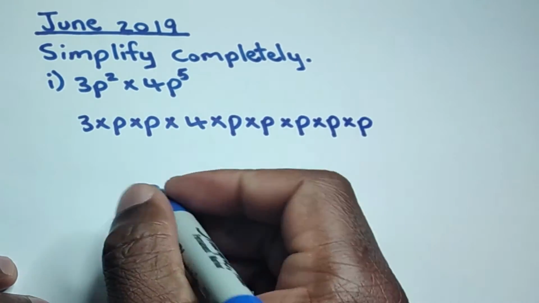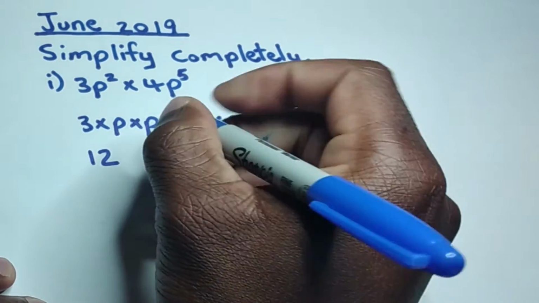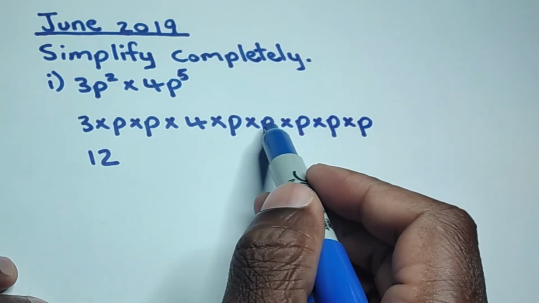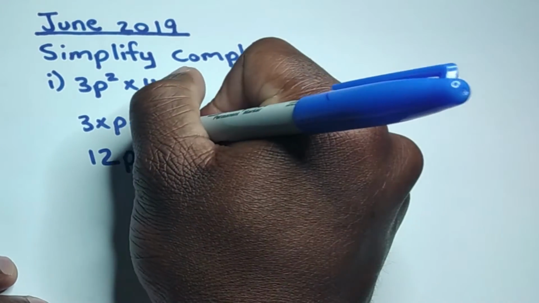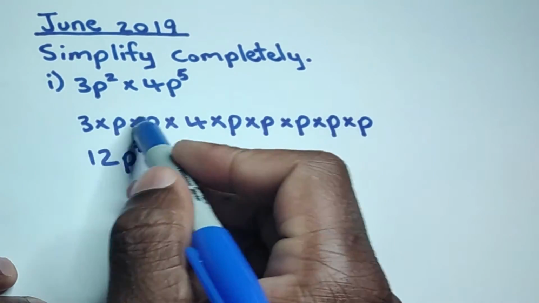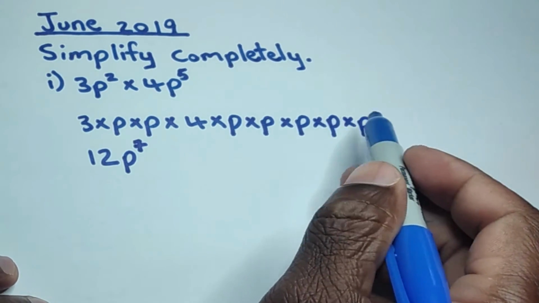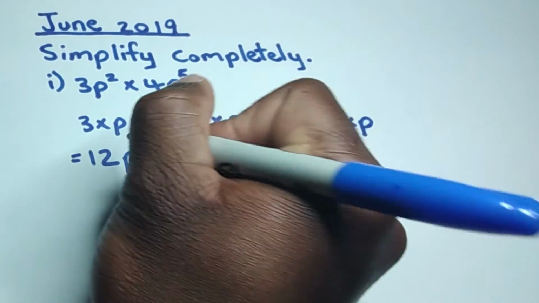Now 3 times 4, that's 12. And we'll now count the amount of p's that we have, which is 1, 2, 3, 4, 5, 6, 7. So we'll have p to the 7th power, alright? Because we're multiplying p 7 times. And this is actually our solution, alright? So this would be our answer.